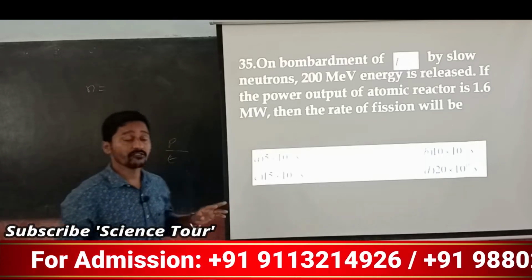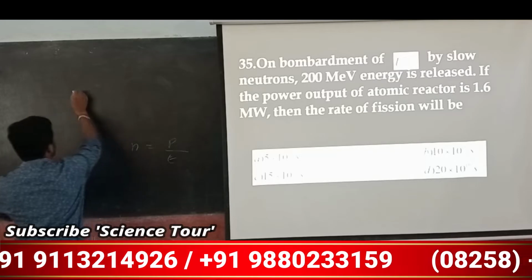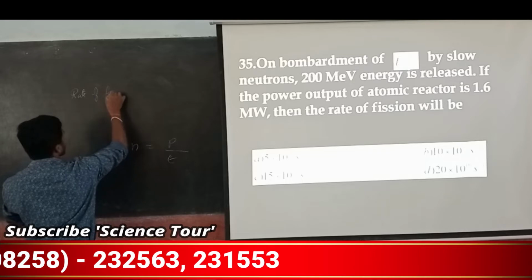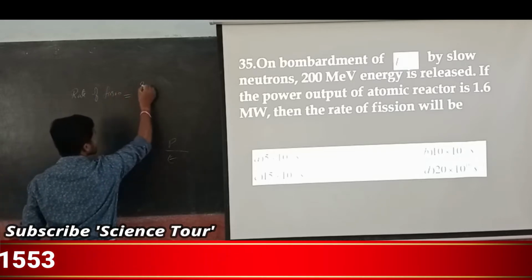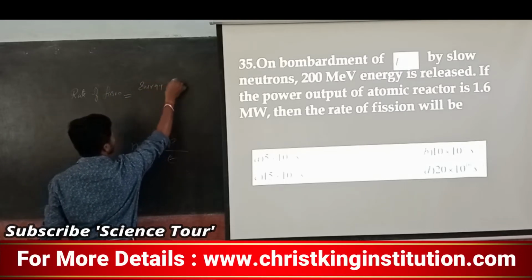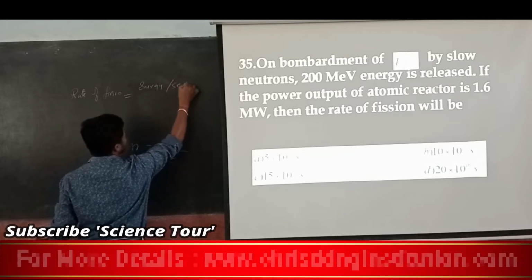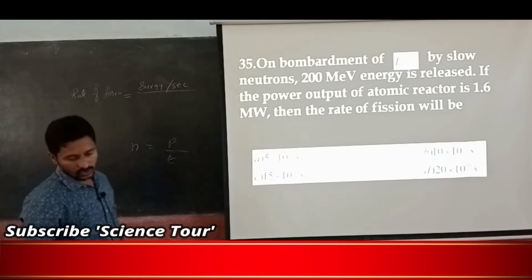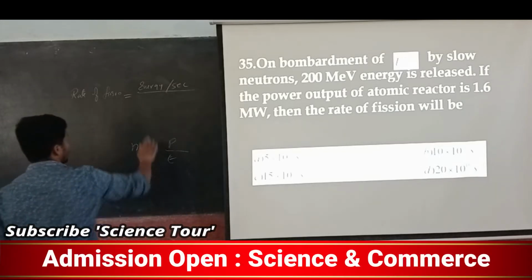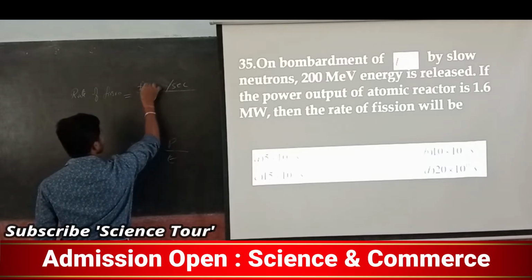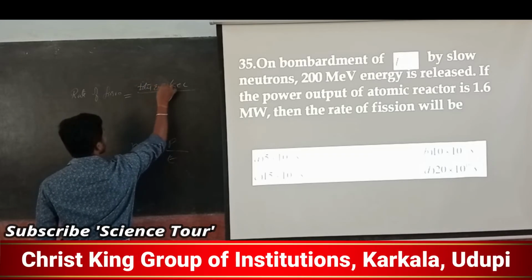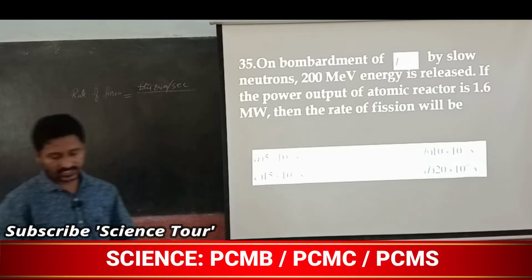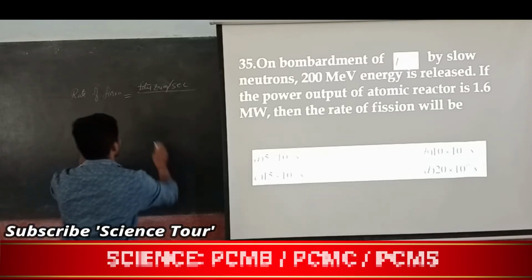Remember the rate of fission, this formula you should know, from this only it is derived: rate of fission is equal to power, which means energy per second or work done per second, or total energy. Now what is E? E is nothing but energy per fission.